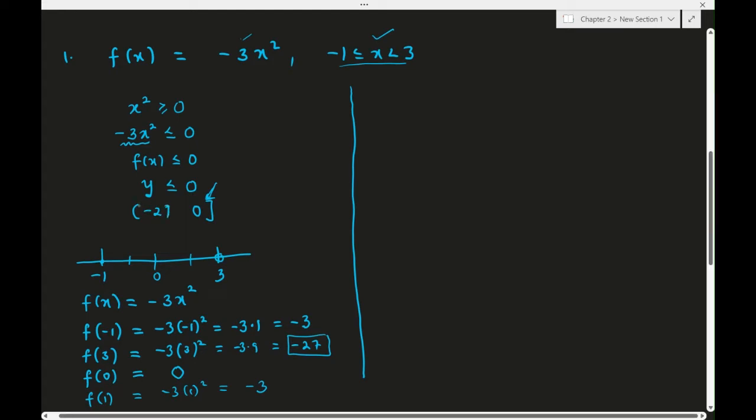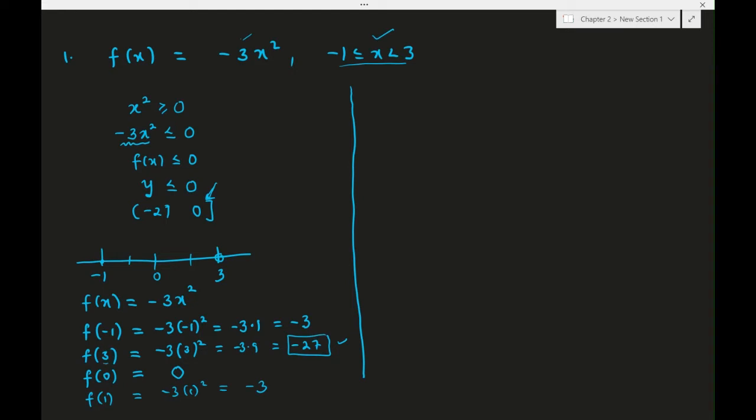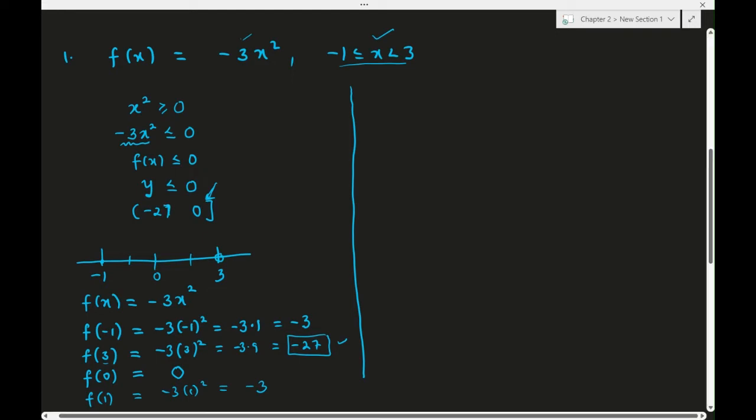Now, are we going to close it or open it? Remember, we obtained this minus 27 when x is equal to 3, right? But if you go to the domain, you can see that x equals 3 is open. So the corresponding value of y should also be open. So here we will have an open interval from minus 27 to 0.